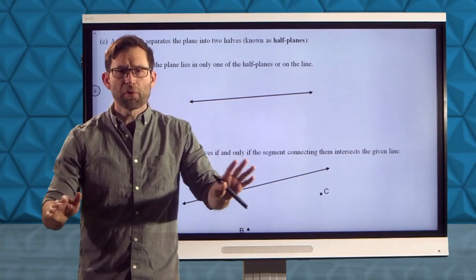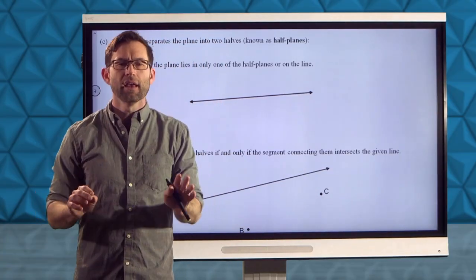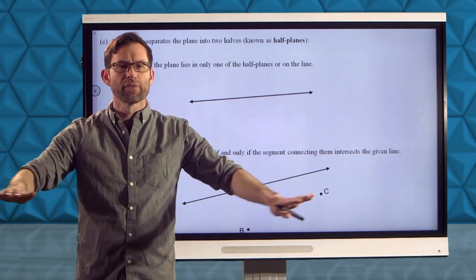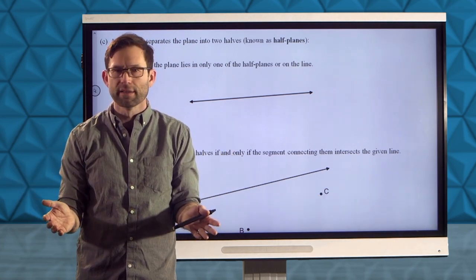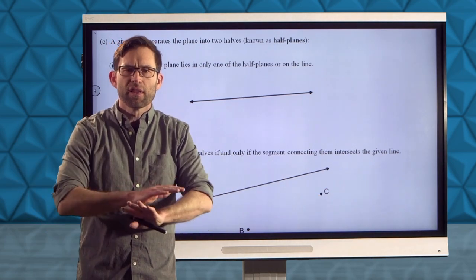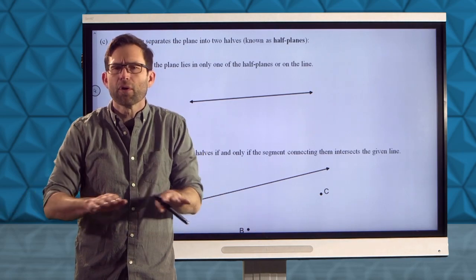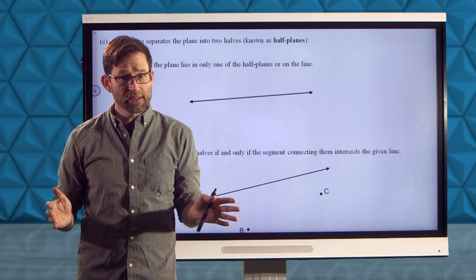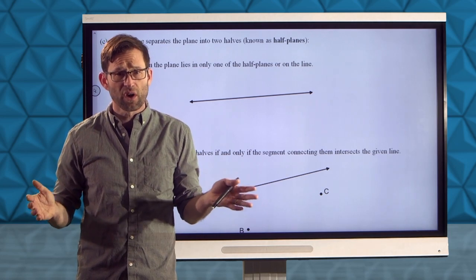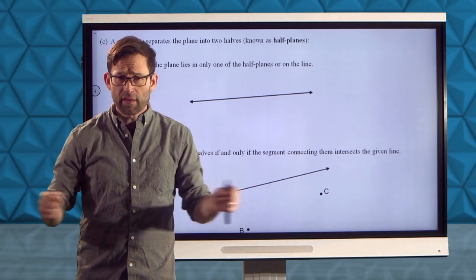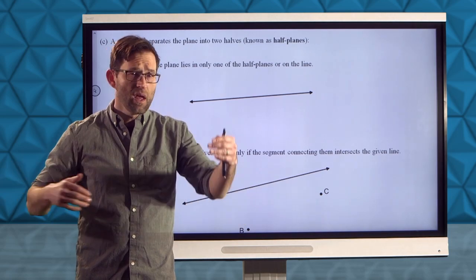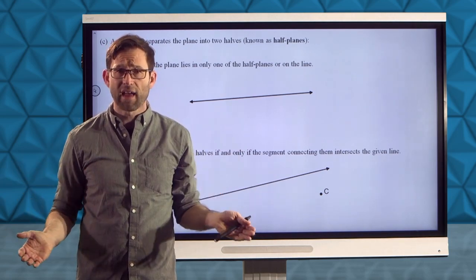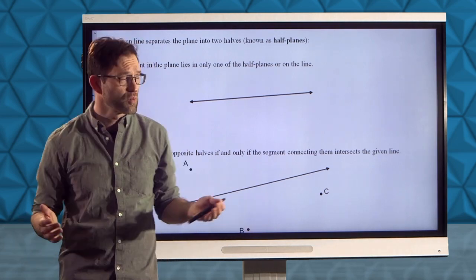Now this is cool. The plane is this idea of a flat surface that we're working on all year long until we get to three-dimensional geometry. The plane extends forever but is flat, right? We're living in that. And this basic axiom says, or starts off by saying, if I draw a line in the plane that extends forever, then it cuts it into two distinct halves, right?